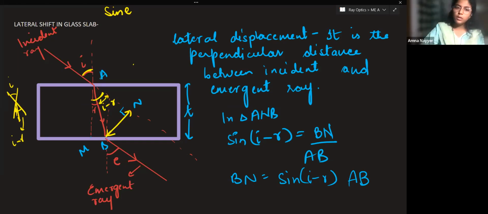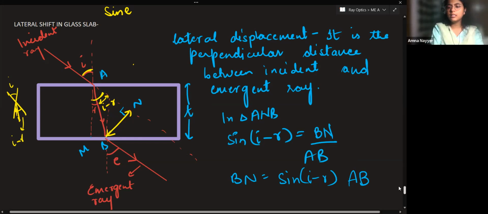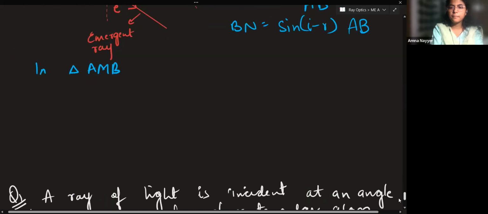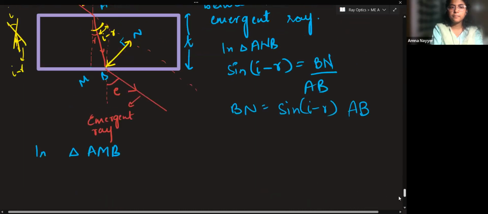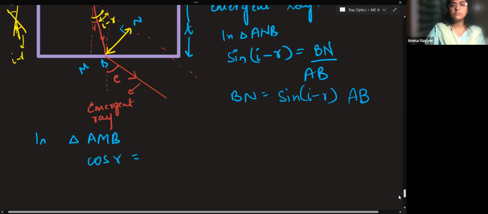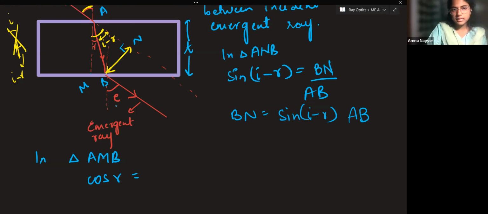So one thing we can do, if we use this triangle, we can use this triangle as well, A and B. So in this triangle, if I take cos R, this angle is R. This is cos theta, right?